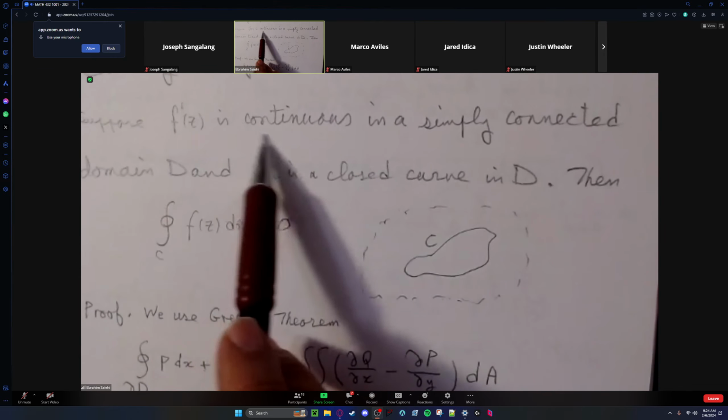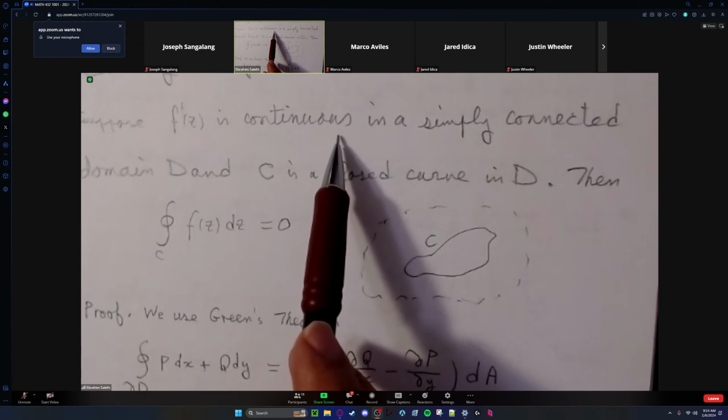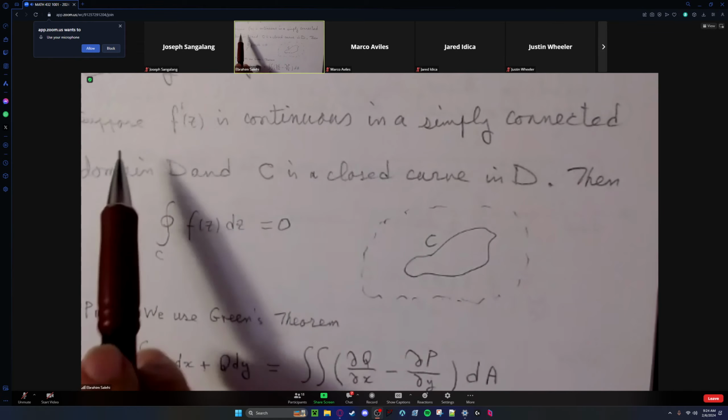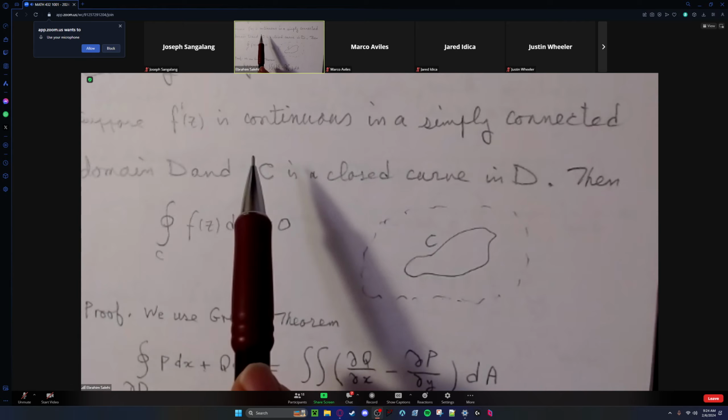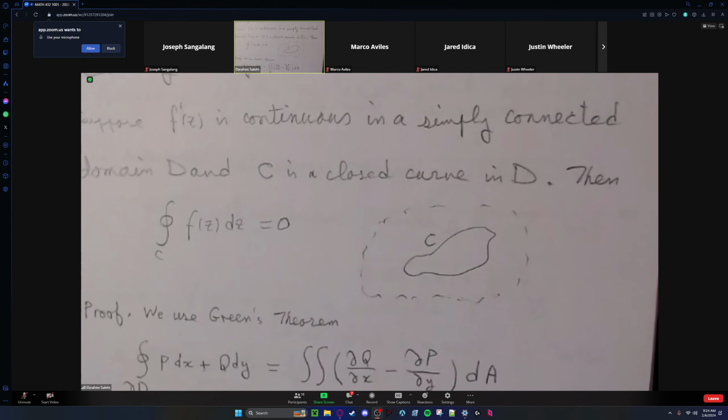We don't need to assume the continuity. Just the function being analytic is enough. And remember, analytic means it has a derivative in that open domain. Okay. Any comment, any question?